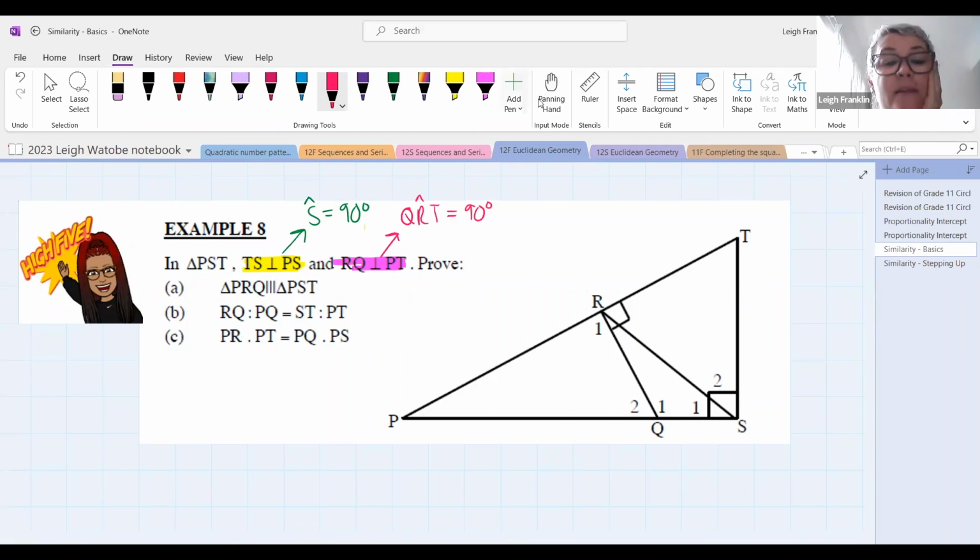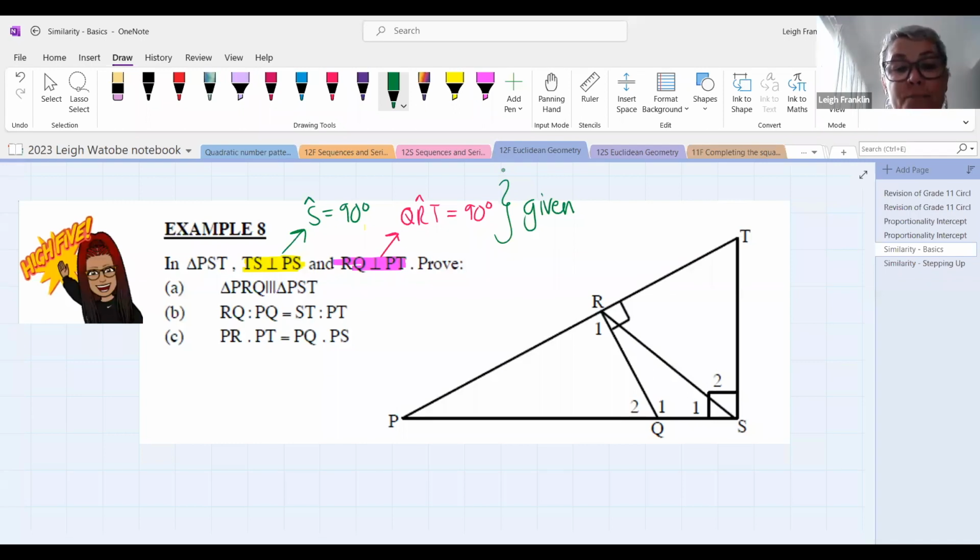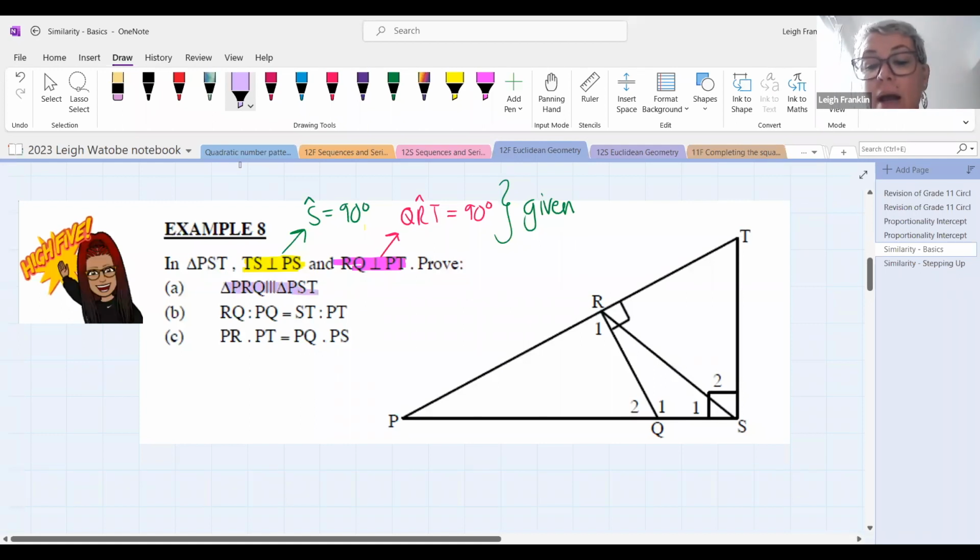So what we would say in this situation over here is that this information is given. This is given information. So if we were to use this, we could use the word given as a reason. The first thing that they want us to do with this little bit of information is to prove that triangle PRQ, so let's go and highlight that.